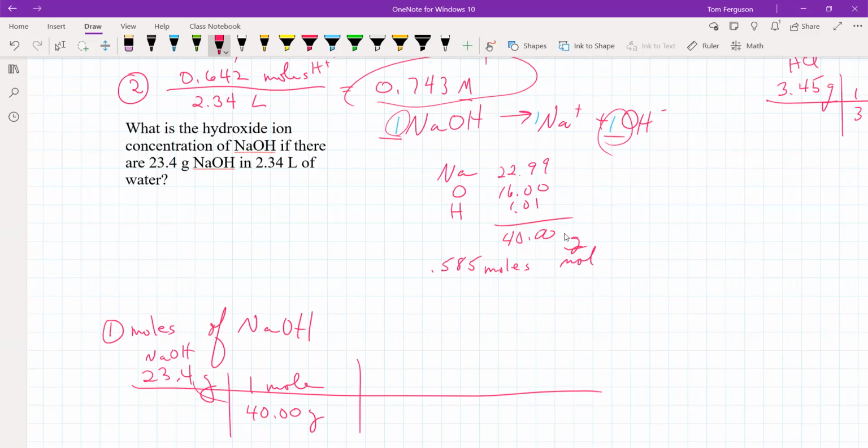Okay, so that gives us moles of sodium hydroxide. And then the ratio between sodium hydroxide and hydroxide is 1:1. So this will automatically calculate moles of hydroxide ion.